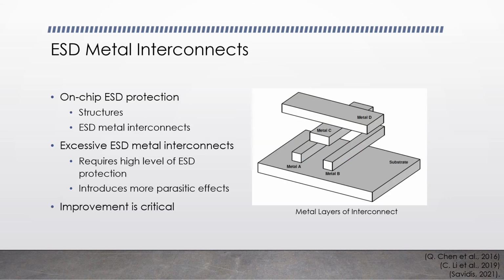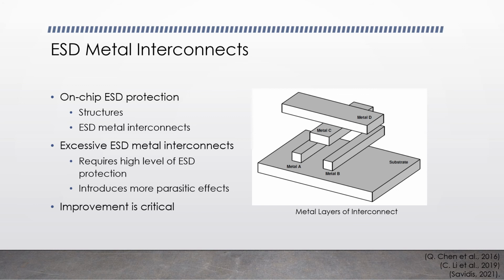On-chip ESD protection depends on both the ESD protection structures and the ESD metal interconnects on a chip. Often, though an ESD protection structure may be designed to handle strong ESD surge, the metal interconnects may be the weak point, resulting in low ESD protection level for the whole chip.